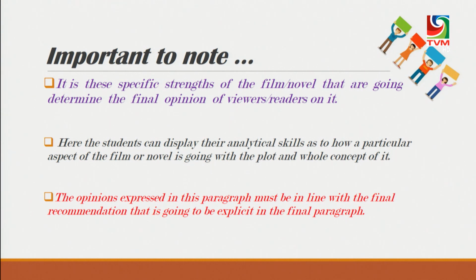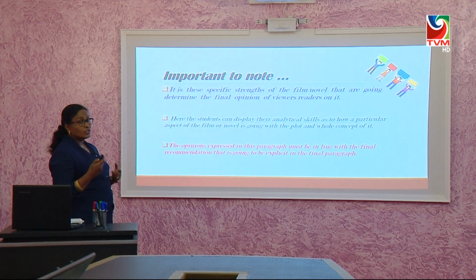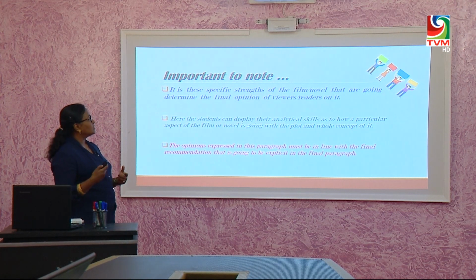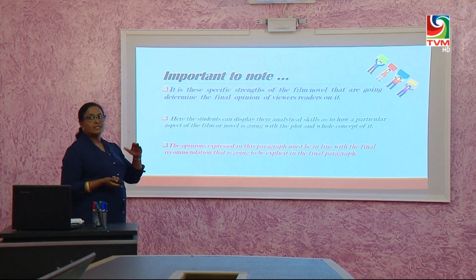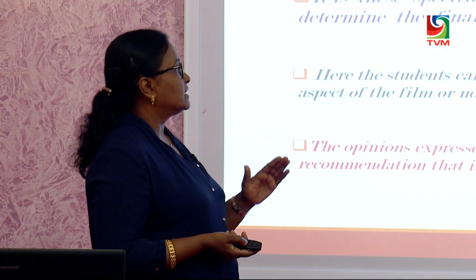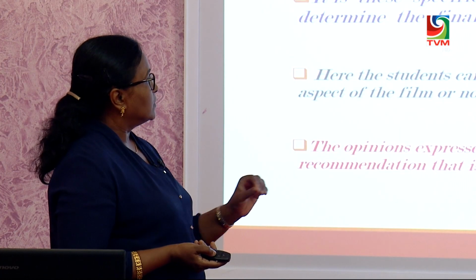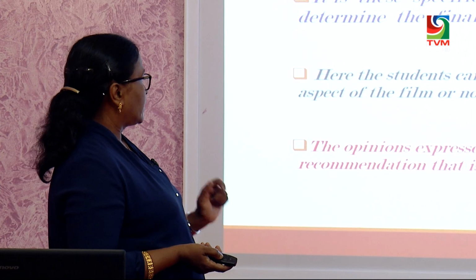You can talk about the strength of the movie, the weakness of the movie, the performance, and how the director had directed the movie, or the situation was very good, the ambience was very good, and the plot was very good, and the way the dialogues were delivered. All those things you can critically analyze, the positives and the negatives of the movie or the book, you can write that.